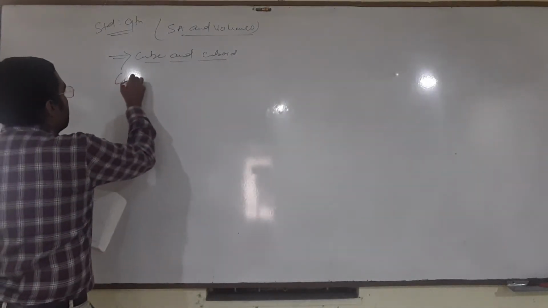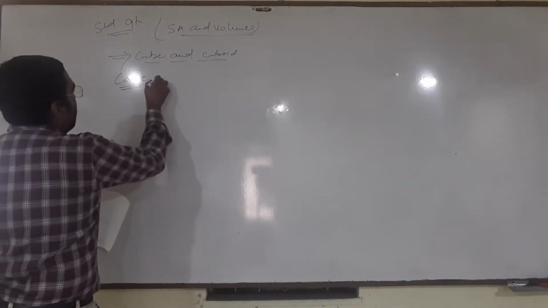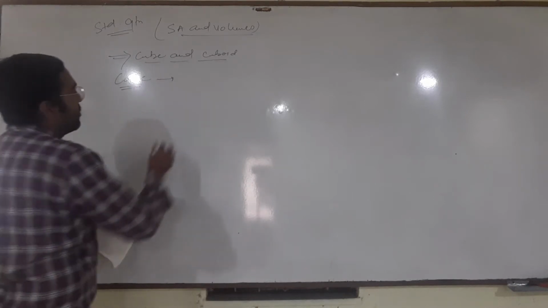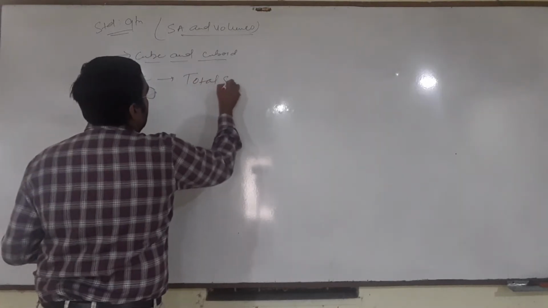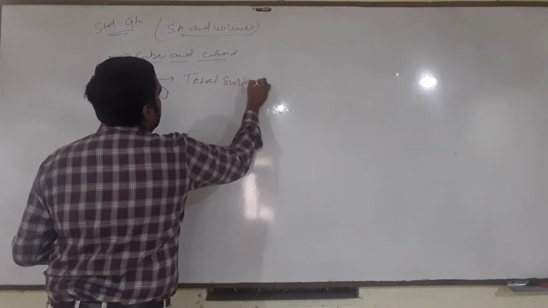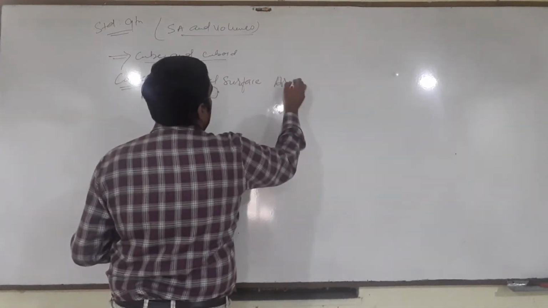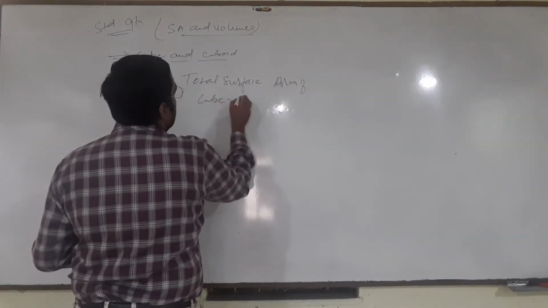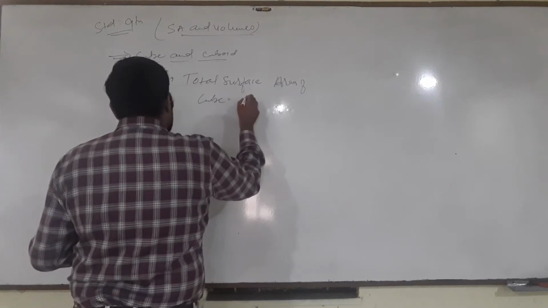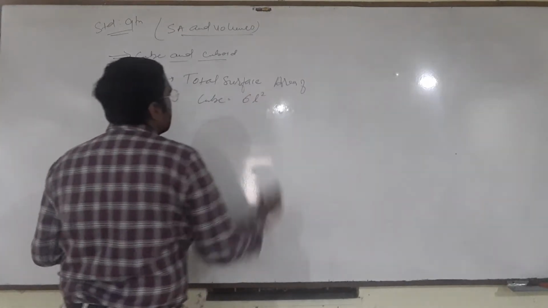For cube, okay students, my first formula is total surface area of cube is equal to 6L square.